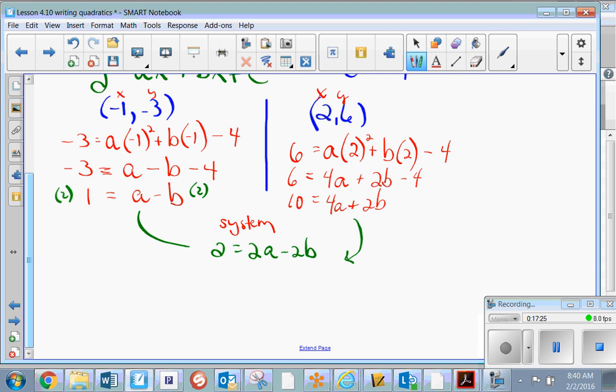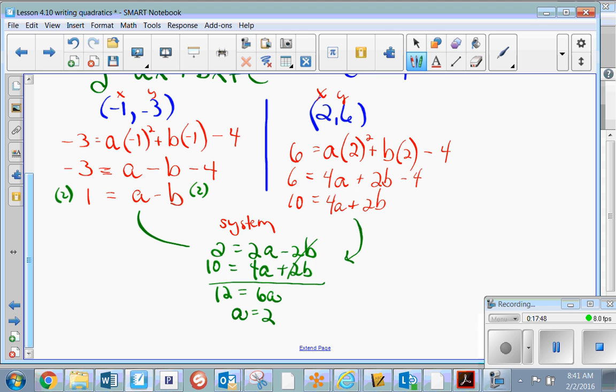Bring that one down. 10 equals 4a plus 2b. Adding, 12 equals 6a. A equals 2. There we go. There's my A.